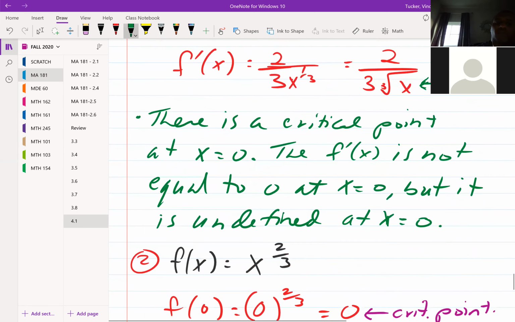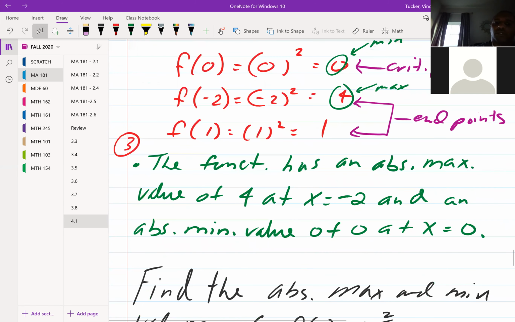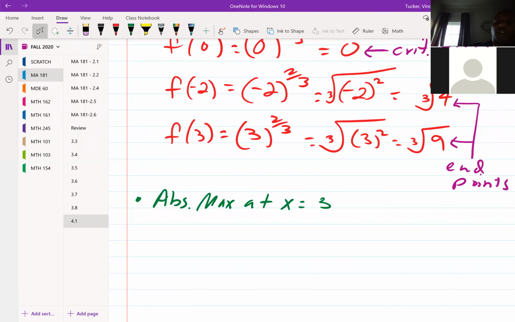Is my word right? Hold on one second. Yeah, the word is right. Absolute max of cube root of 9 at x equal to 3.